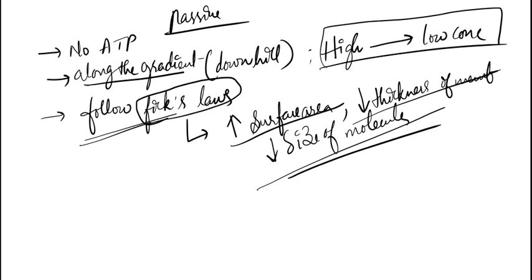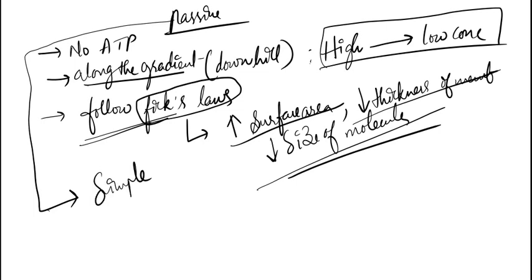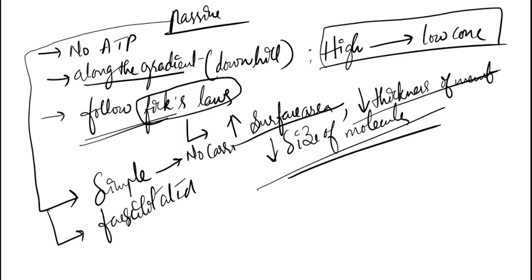In passive diffusion we have some other types called simple diffusion and facilitated diffusion. Now what is simple diffusion? There will be no carrier.